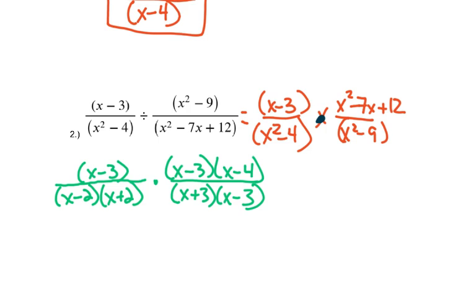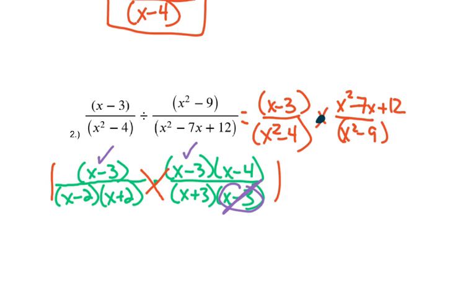Now again, we're looking to cancel out like factors, either crossways or straight up and down. So what do we have in common that's in both the numerator and the denominator? Well, I have an x minus 3 here, and then there's an x minus 3 in two places in the numerator. Now you can only cancel one of them.